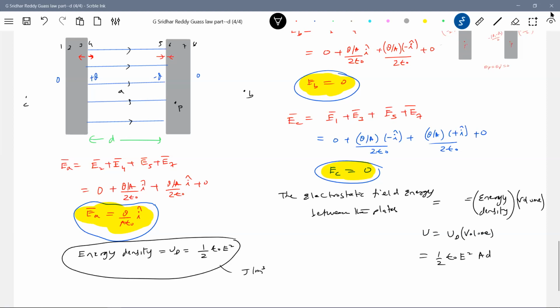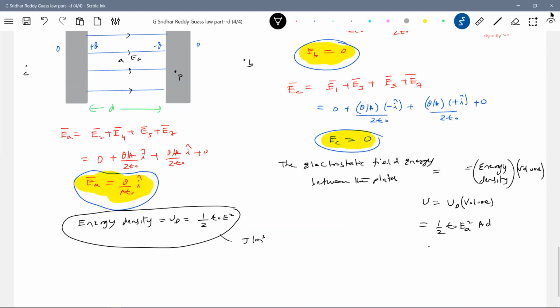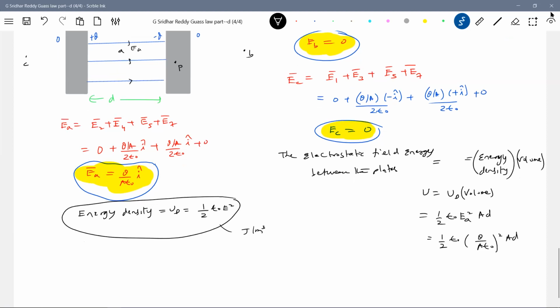Do we know the electric field between the plates? What is the field strength here? It is equal to E_A, which is Q by A epsilon naught. So the energy is half epsilon naught times Q by A epsilon naught whole square, times A into d.